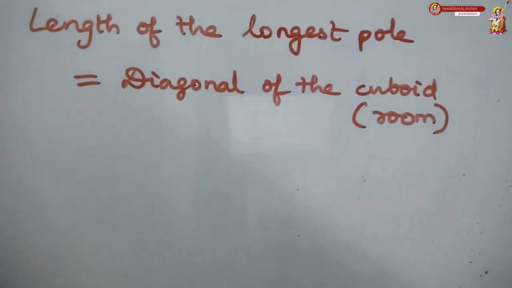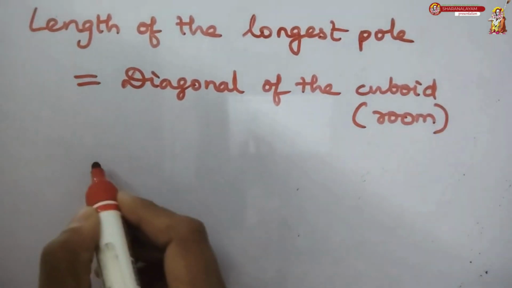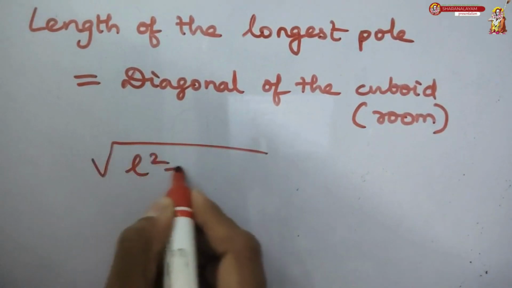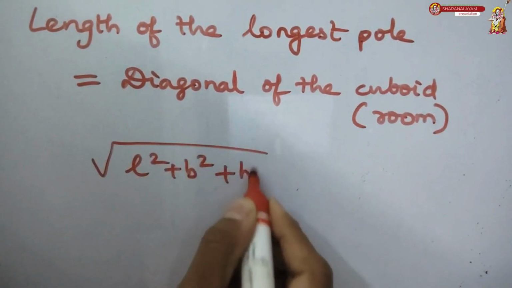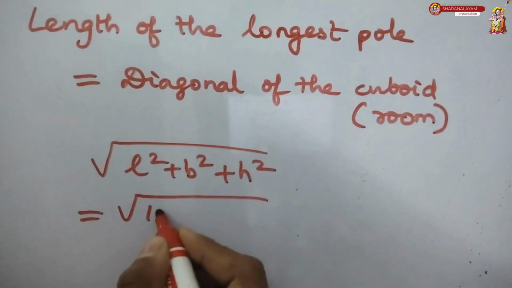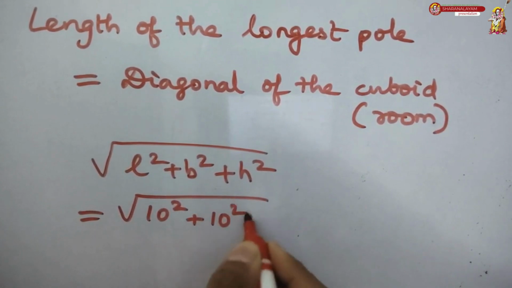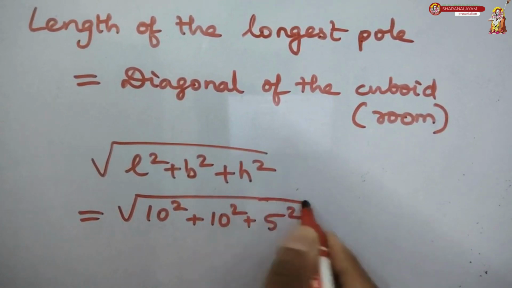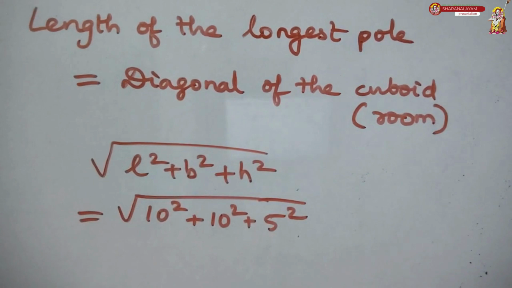You know what's the formula for the diagonal of the cuboid? That is square root of L square plus B square plus H square, right? Where L is the length, B is the breadth and H is the height of the room. So according to the given question, we have square root of 10 square plus 10 square plus 5 square.